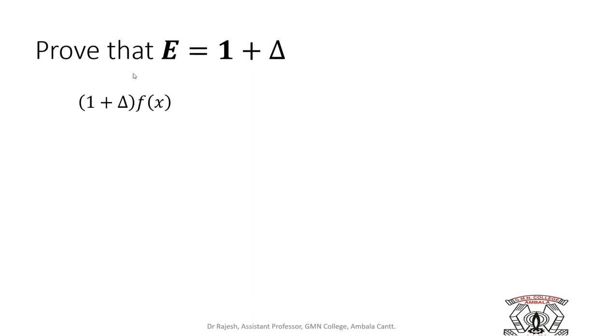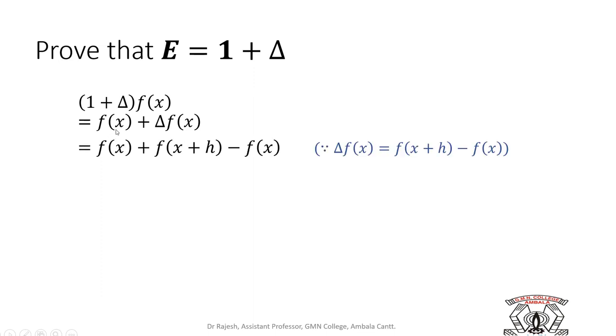Now we start from this side, 1 plus delta. This is the operator, and when operated upon the operand, which we have taken as f(x), it will give f(x) plus delta f(x).